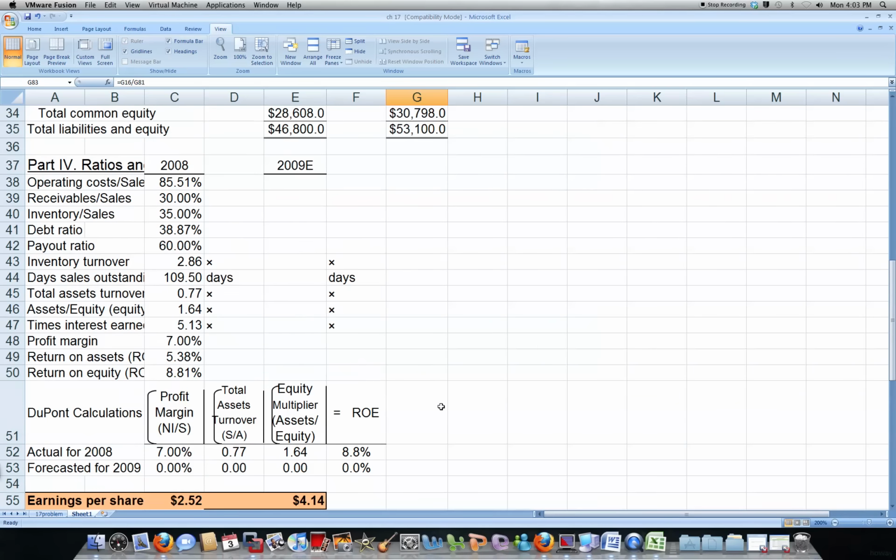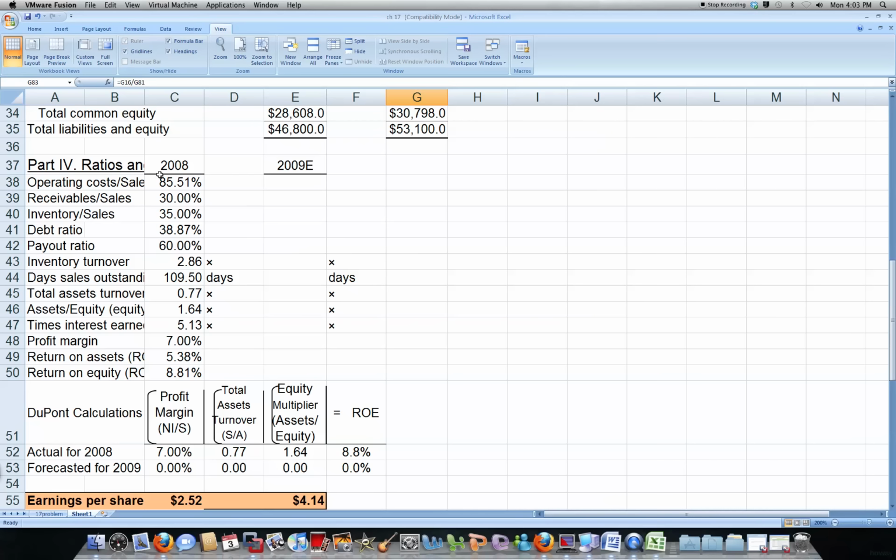Now, you need to come in and fill in the ratio aspect of this balance sheet and also do the DuPont calculations. And you should be able to do that with the ratios you have in your book.